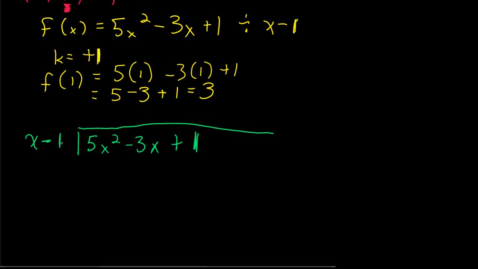Thanks, Billy. I'm going to check. Do I need the exponents? The exponents need to be kept in line. And for the remainder theorem, all it's telling me is the remainder. And in this case, it's just a number.